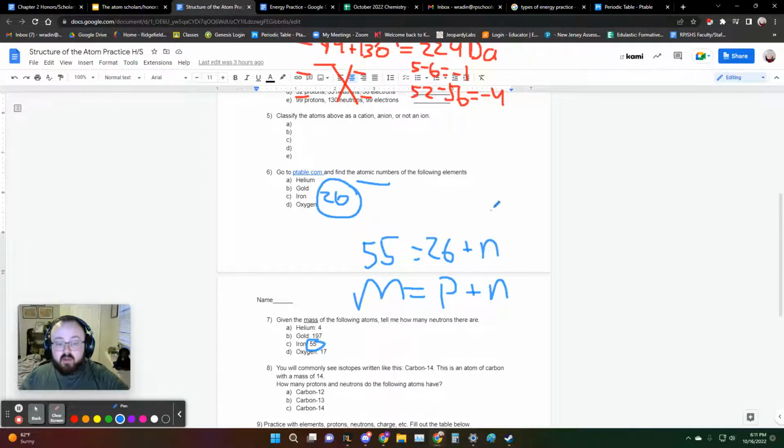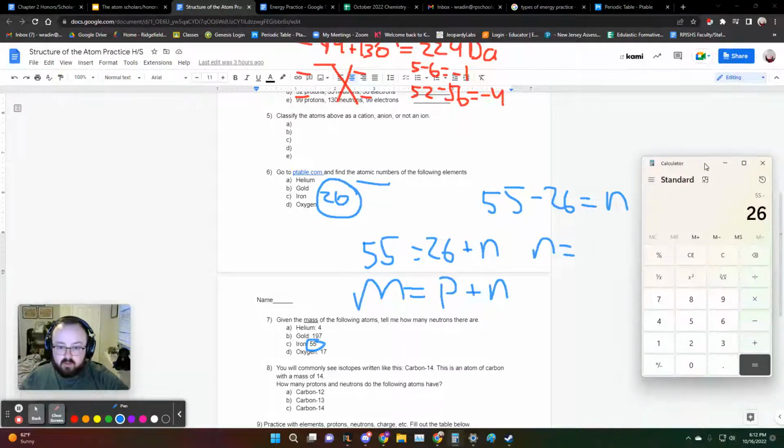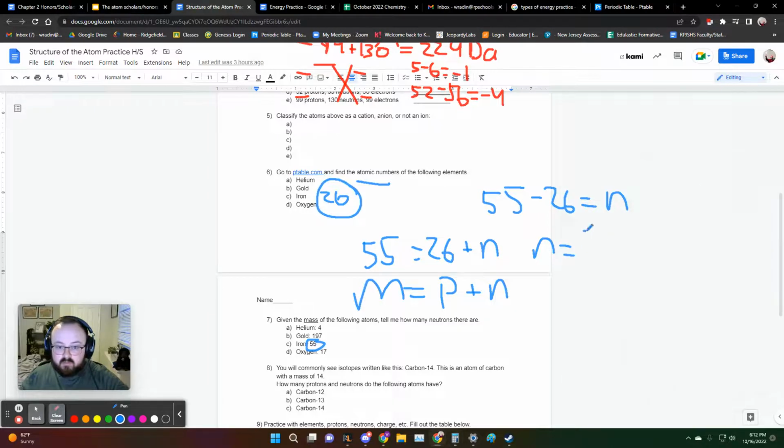So all we have to do is just subtract, and we get N equals, is my math failing me? Let me bring up the calculator. You think I could do mental math? 29. All right. And there's 29 neutrons.